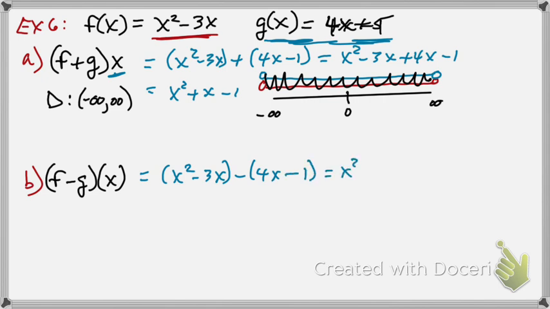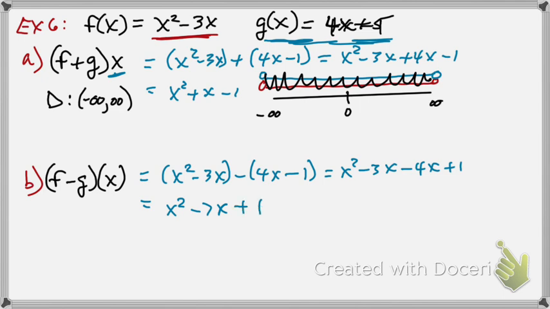So I've got x squared minus 3x minus 4x plus 1. So I've got x squared minus 7x plus 1.